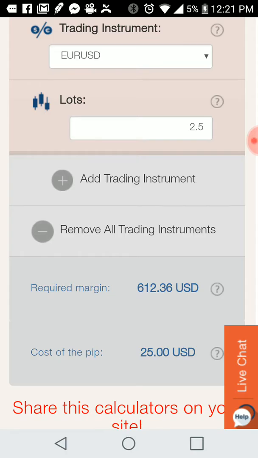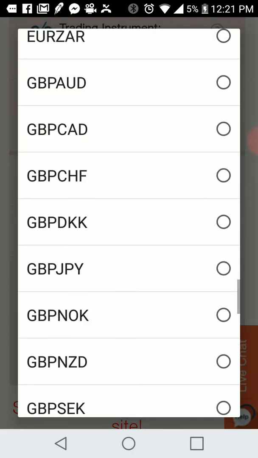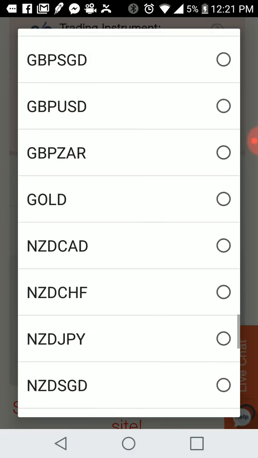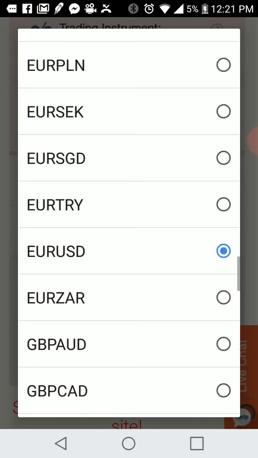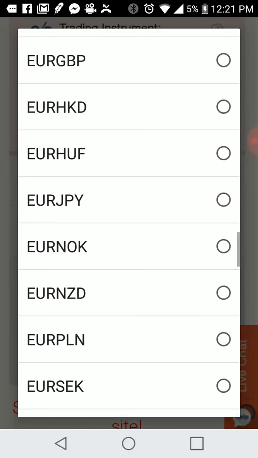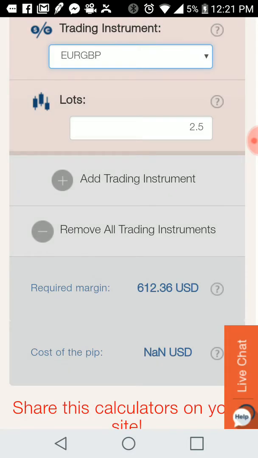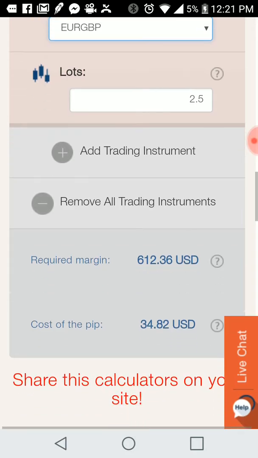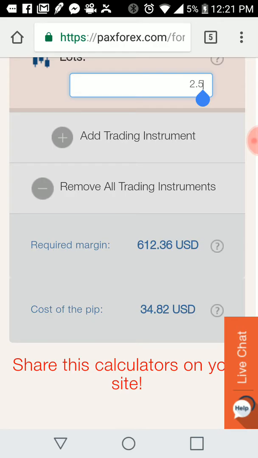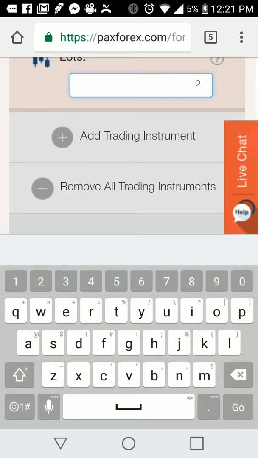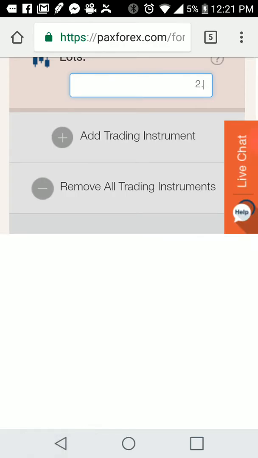And in this case, we will be using the euro pound, which is usually the one that I prefer, but any currency pair will work. But we will use in this instance the euro pound, and the euro pound will be gearing for, we will go less than 2.5 pips. We will actually go in lots, we'll go 2 lots on the euro pound.